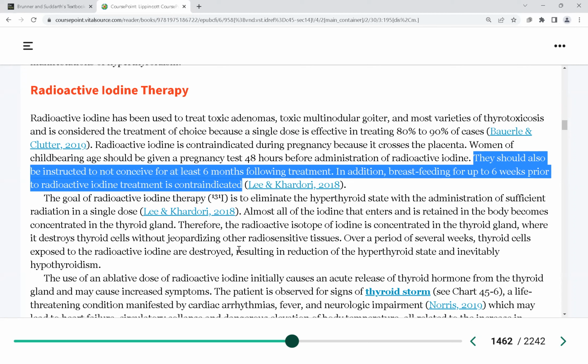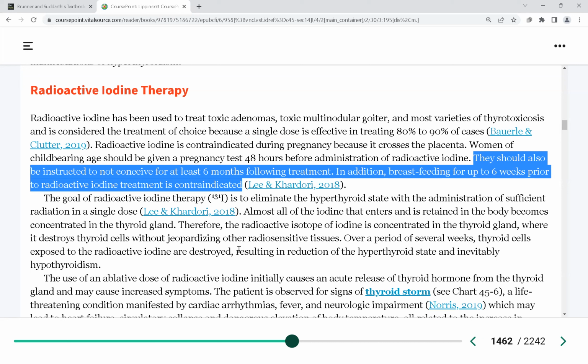How do we do that? We educate them, we have a conversation. And we also make sure that they don't have a young child, so they're not breastfeeding. Birth planning.